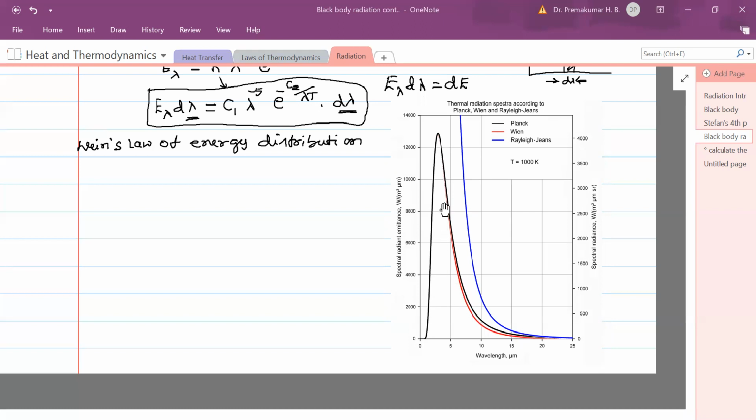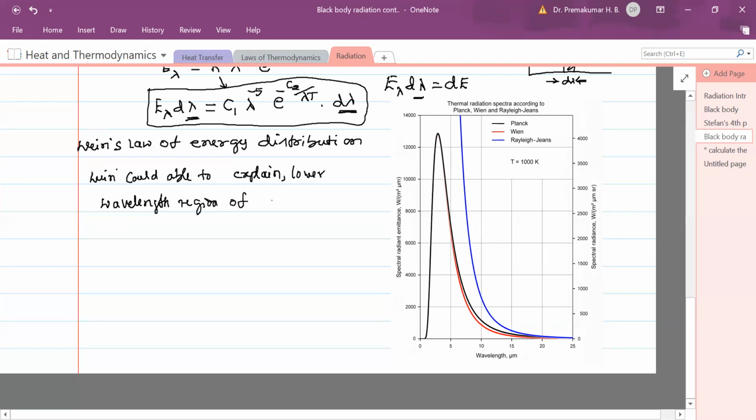So according to Wien, we can say he could explain the lower wavelength region of black body radiation.